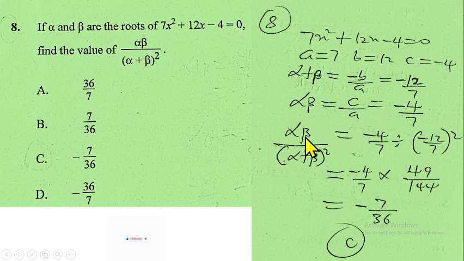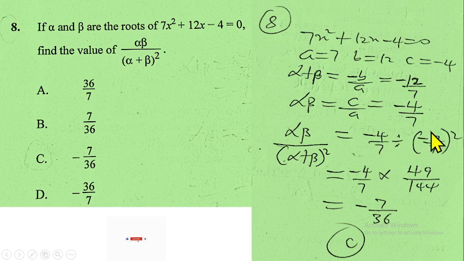Then we have to simplify alpha beta over alpha plus beta squared. We already know alpha plus beta and alpha beta, so substitute this into this. For alpha beta you'll be having minus 4 over 7, divided by alpha plus beta, which is minus 12 over 7, then squared.